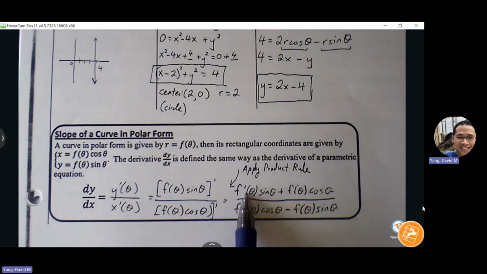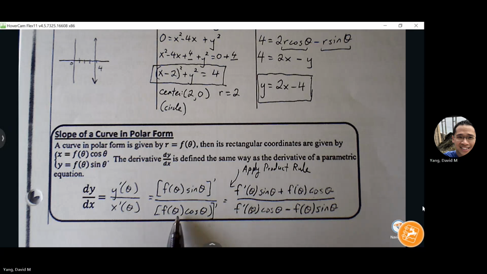So f prime g plus f g prime, or f prime sine plus f cosine theta. And here, f of theta cosine theta: f prime of theta cosine plus f of theta times the derivative of cosine, which is negative sine, so that's where that negative comes from.